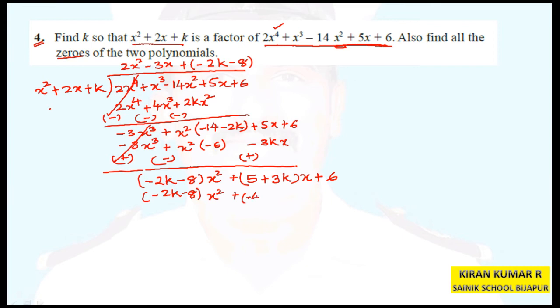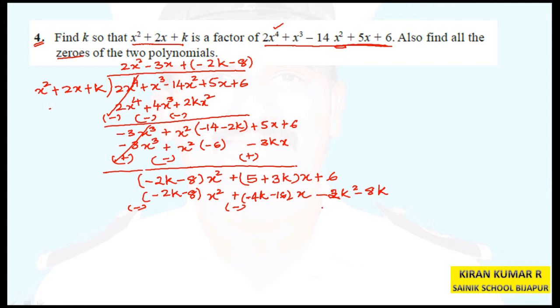Now if you multiply this, minus 4k minus 16 times of x. Plus the constant term will become minus 2k square minus 8k.